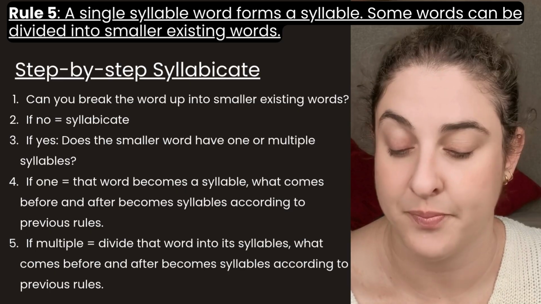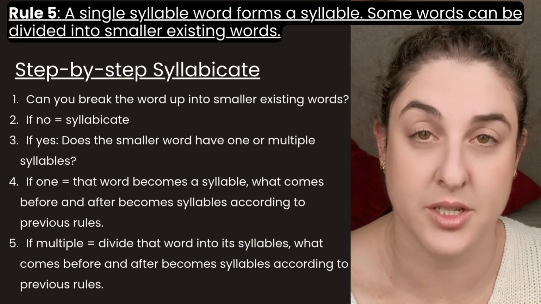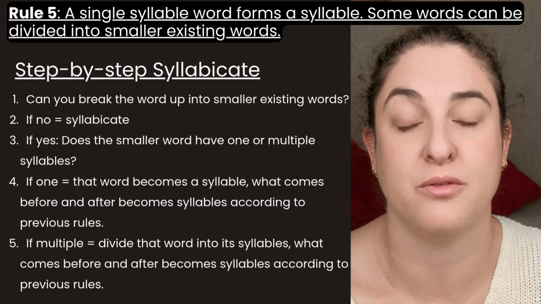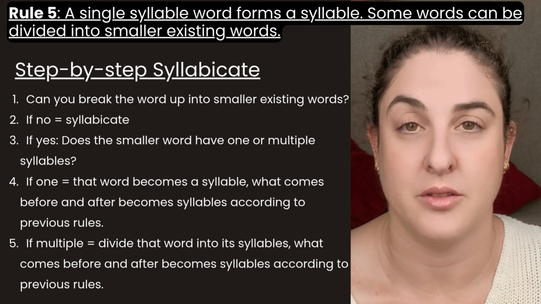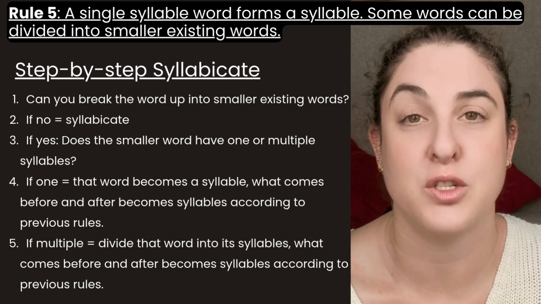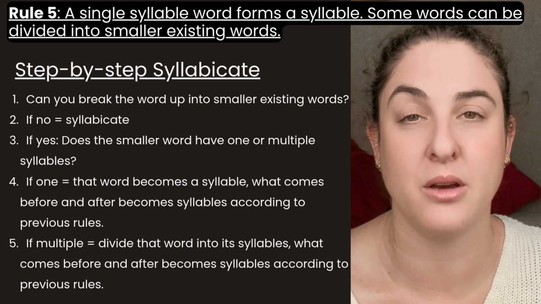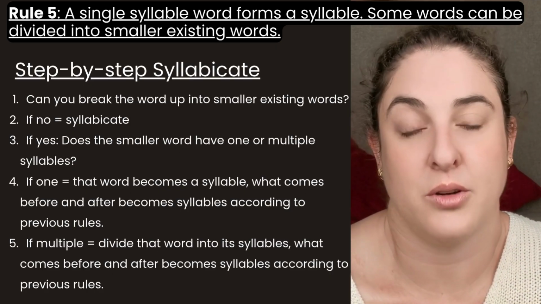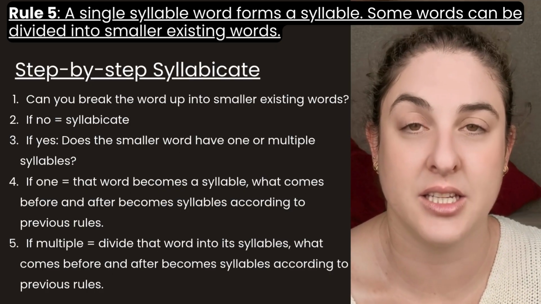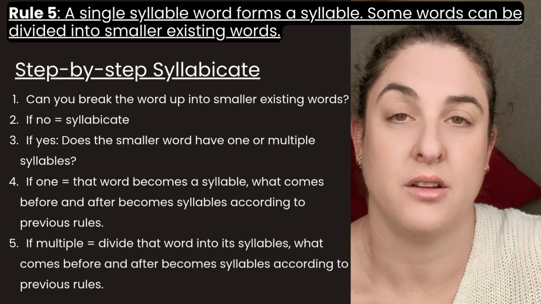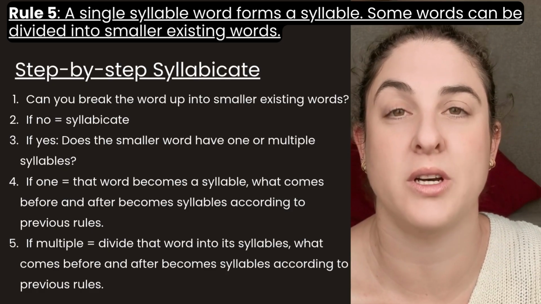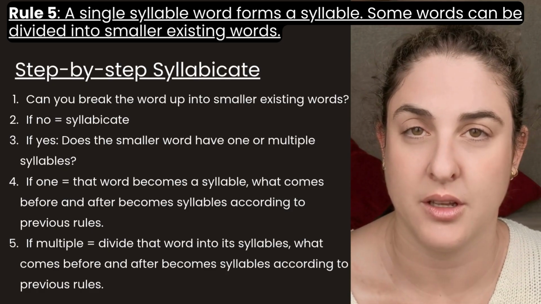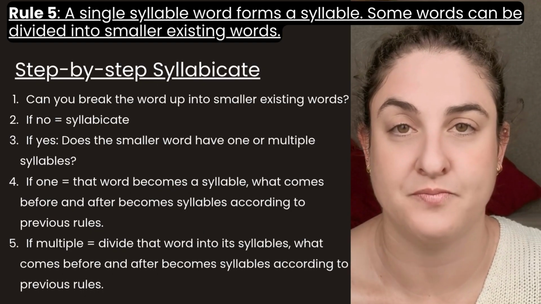syllabicate. Right. So your first step, when you divide an Afrikaans word into lettergrepe, you will look for the pre-existing smaller words first. So when you get a big word, or any word really, you're going to check, can you see an existing word, a meaningful real word, inside the larger word?